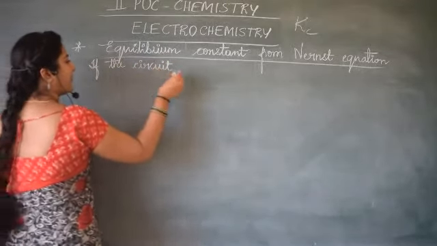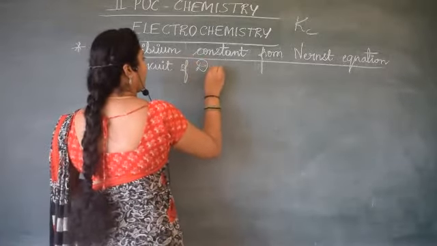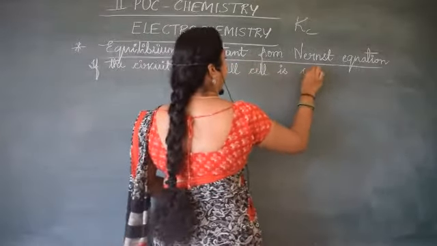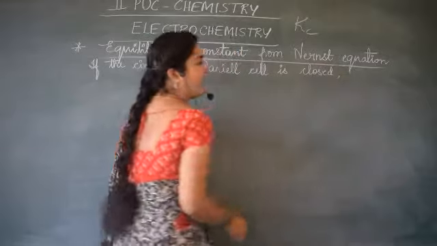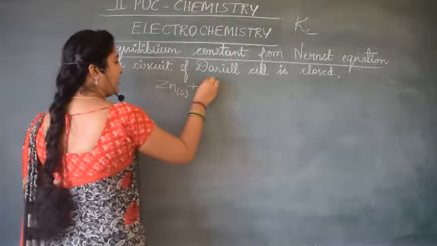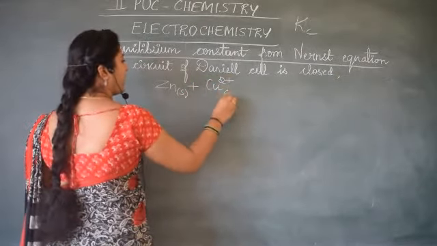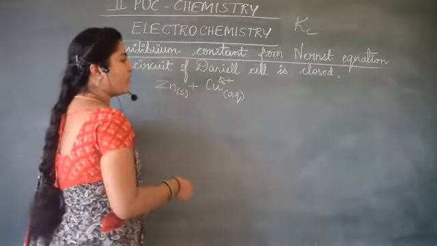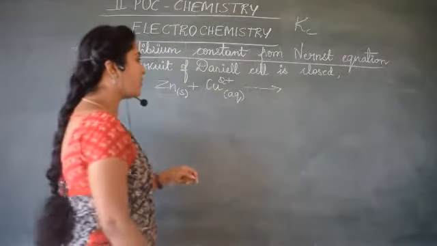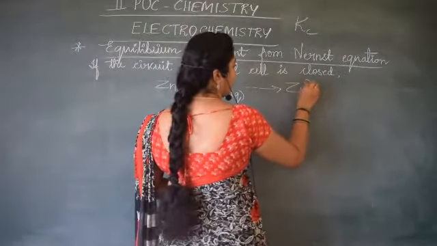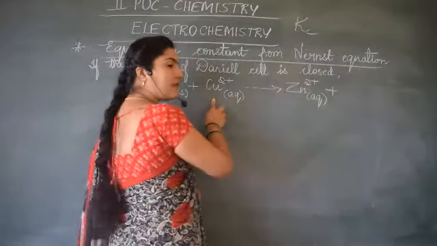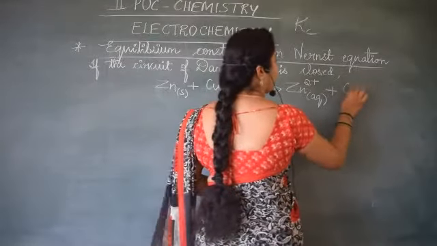The cell reaction takes place as Zn plus Cu2 plus. Zinc undergoes oxidation as Zn2 plus, which gets into the solution, so we write aq, and copper undergoes reduction, so we write here Cu.